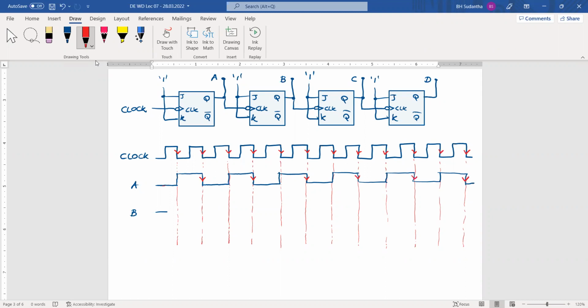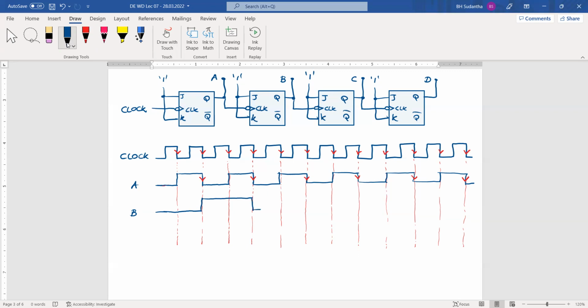All the time we assume A, B, C, D, all these outputs are initially at 0. Considering that, let's draw B. B will be at logic 0 until it receives the clock pulse falling edge. Here it receives it, then it changes to logic 1, and stays there until it receives the falling edge of the second clock pulse.